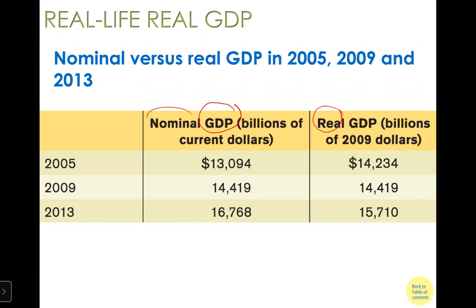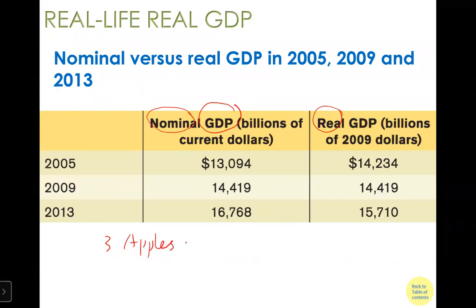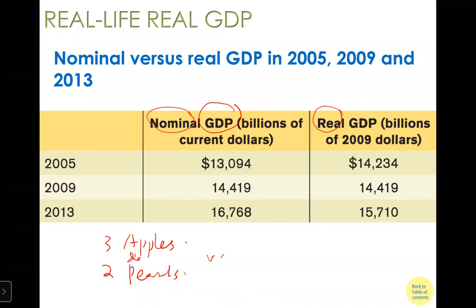The difference between nominal GDP and real GDP lies in the prices. Which price are we going to use to calculate GDP, and why does that matter? Last class, I gave you a simple example. Think about an economy that produces 3 apples and 3 pears, versus an economy that produces 2 apples and 3 pears.